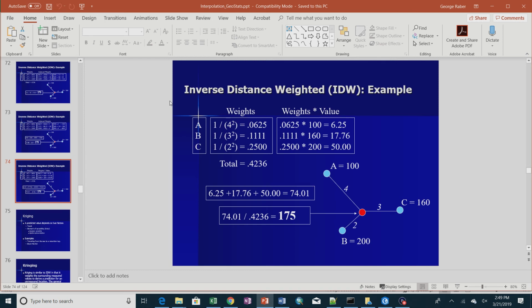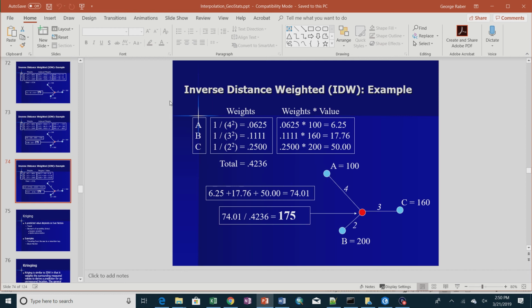But if you do that, you have to divide by the sum of the weights. Mathematically it doesn't matter whether you divide each weight by the sum of the weights or divide the total after you calculate it by the sum of the weights.